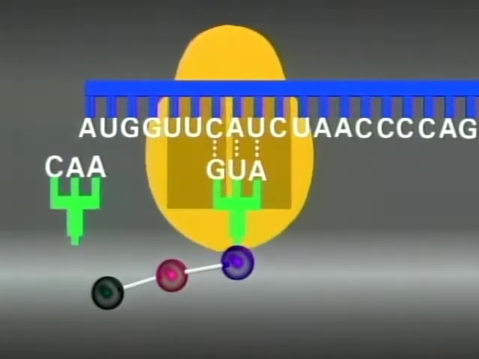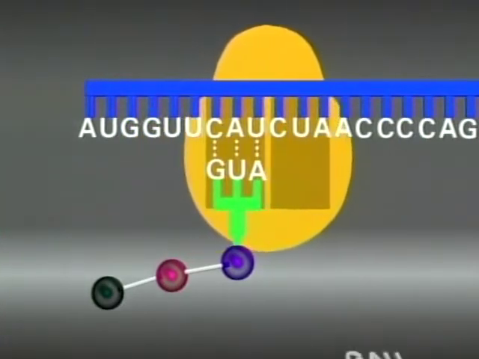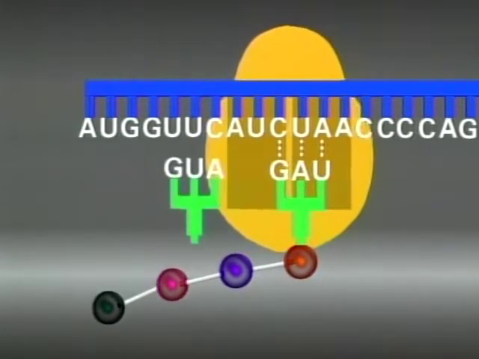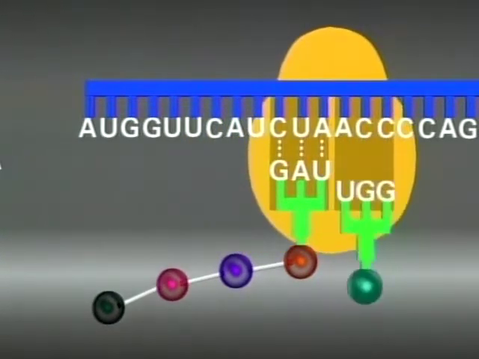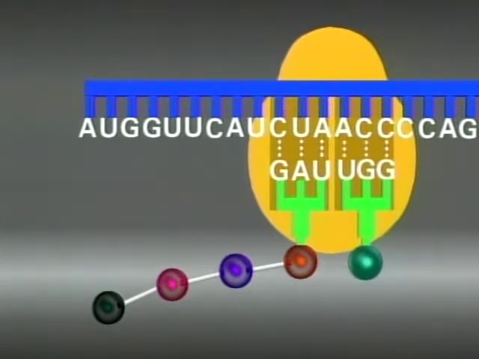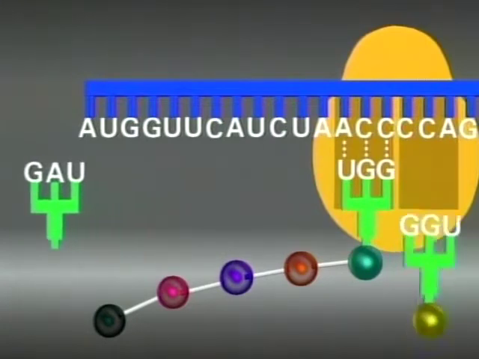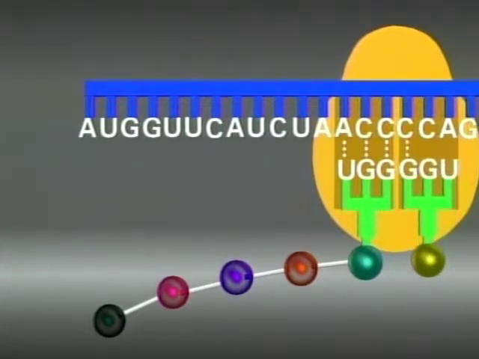The second transfer RNA leaves as the ribosome moves again. This process repeats itself over and over as the ribosome moves along the messenger RNA strand, translating the genetic code of base triplets into an amino acid sequence.